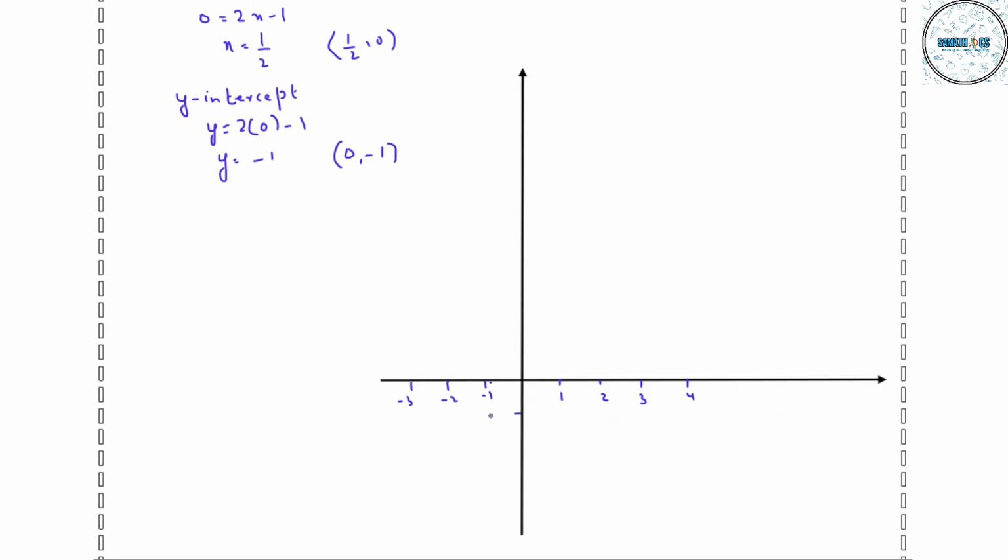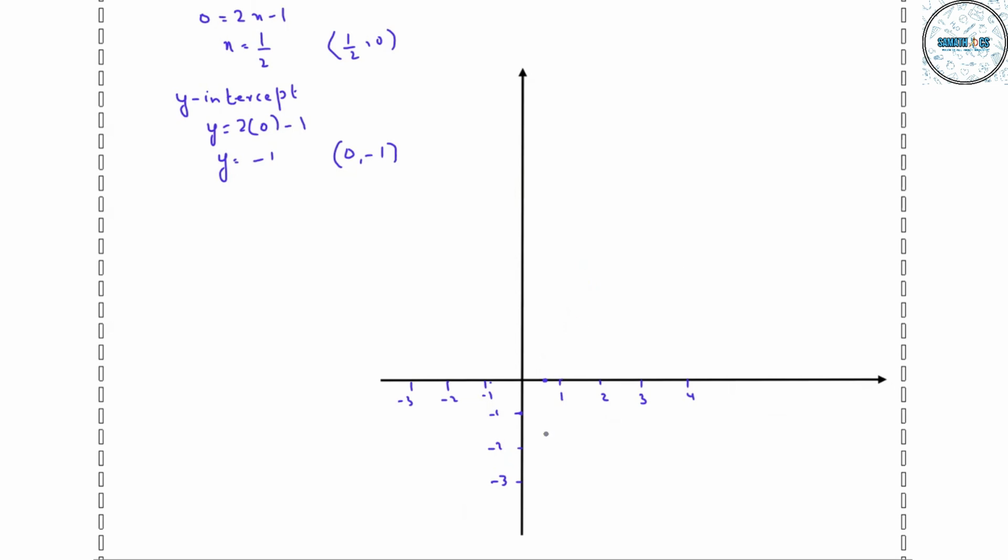Here we have minus 1, minus 2, and minus 3. We can mark the point over here and here at 1 upon 2 comma 0 and at 0 comma minus 1. We'll draw the line passing through these points.